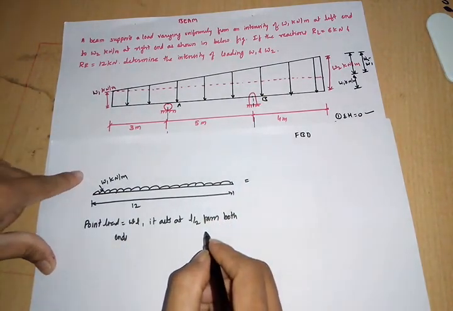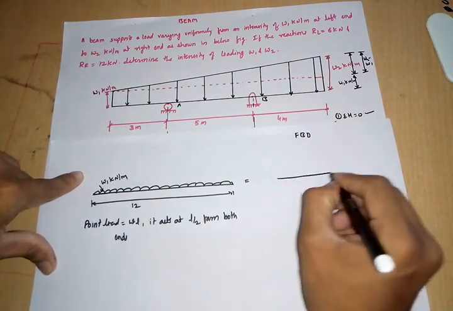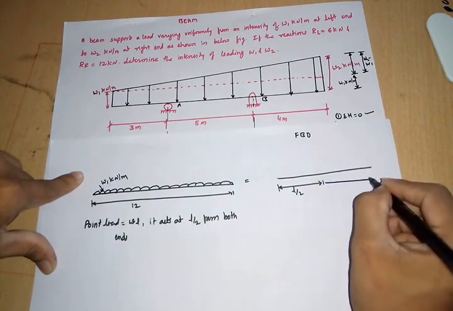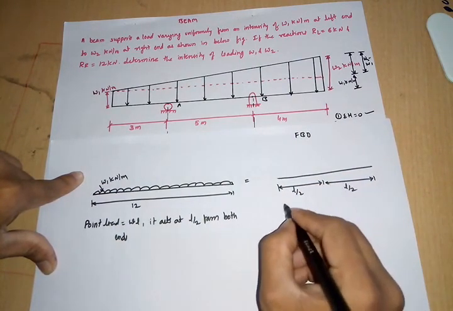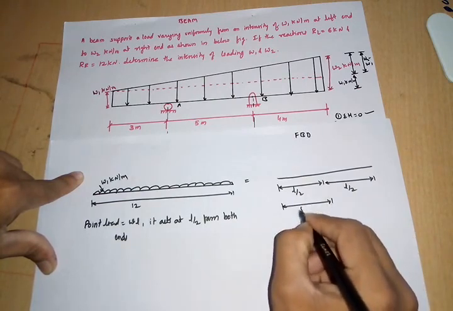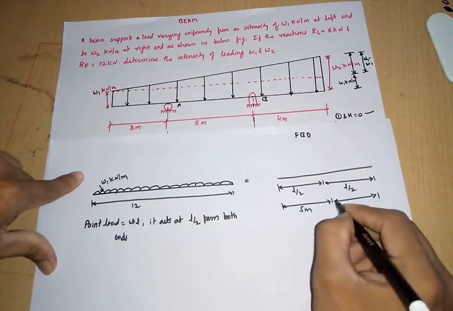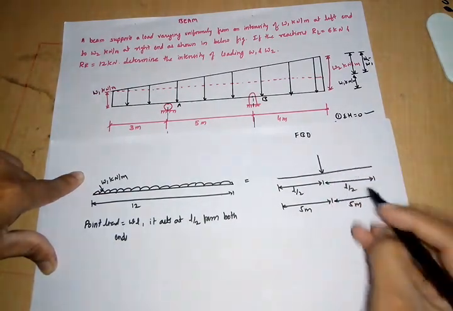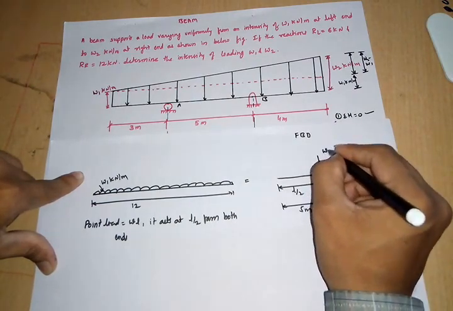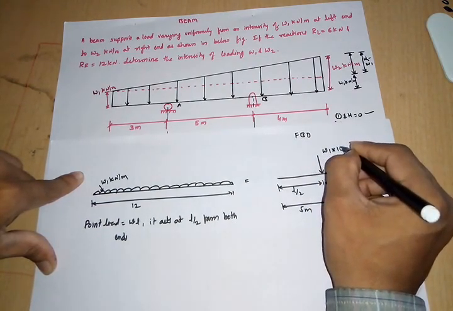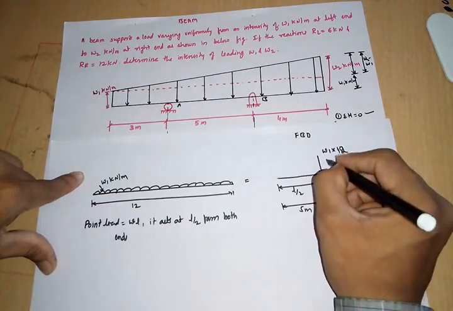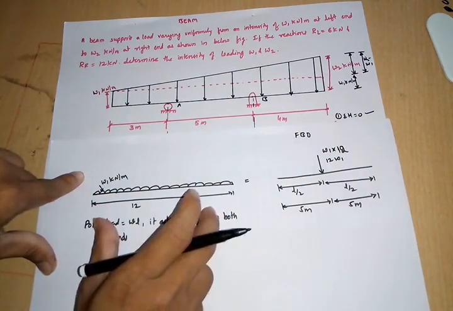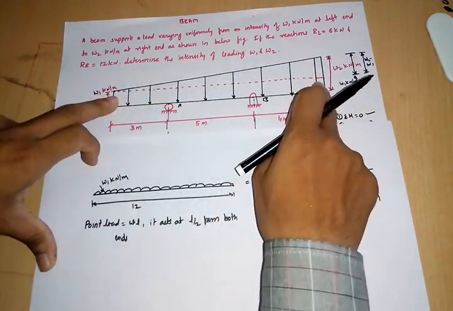So the load acts at L by 2 from here and from here also L by 2; from here to here it is 6 meter and from here to here it is 6 meter. The load acting here is W1 into 12, that is 12 W1. This is the free body diagram for the UDL, that is for the rectangle.